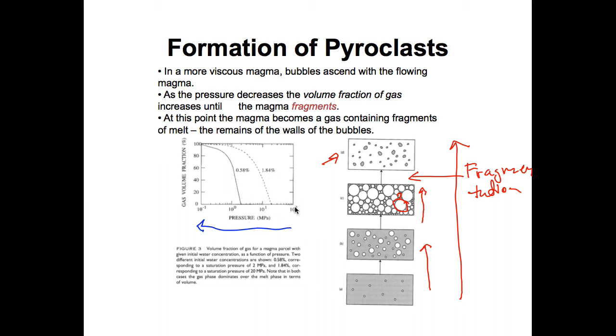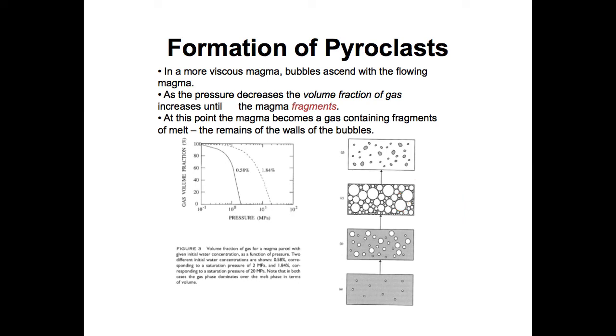As the pressure decreases, at this pressure here, we reach the solubility, so a separate gas phase forms. It's now a very, very tiny amount of the magma, but as the pressure decreases, the volume fraction, percent of the magma that's made of gas, goes up to 80%, 90%, and eventually it's almost 100%. Sorry, 100% of the magma is composed of gas.